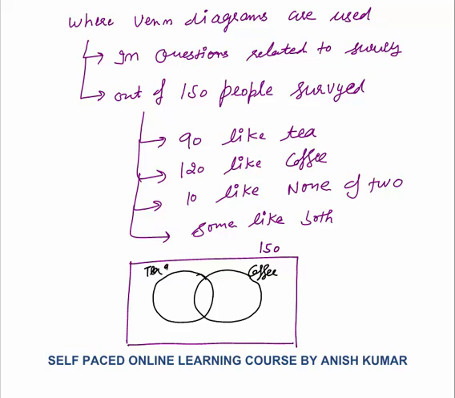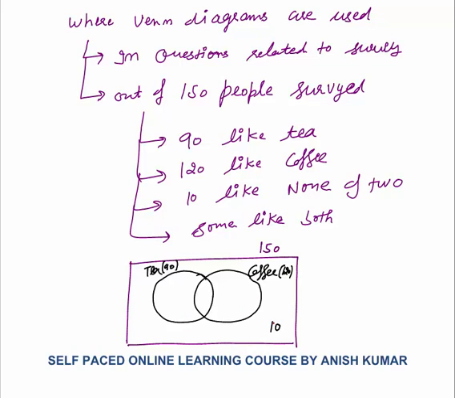Tea circle means the value is 90. There are 90 persons who like tea. Coffee is 120 total. Total number of people who like coffee is 120. Now 10 like none. We will write that here.